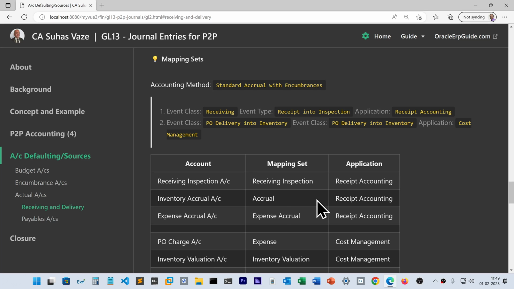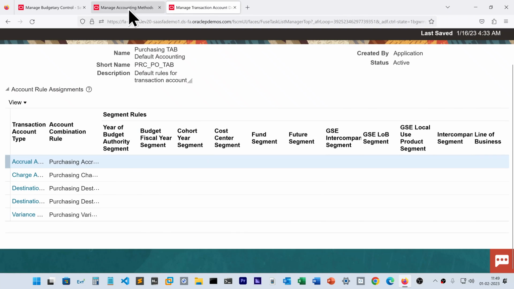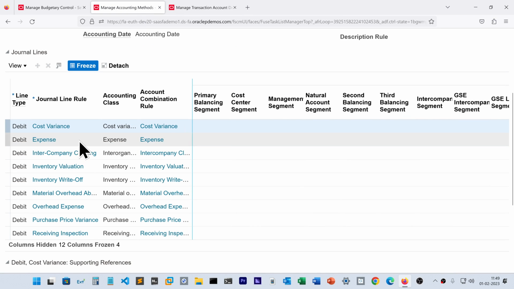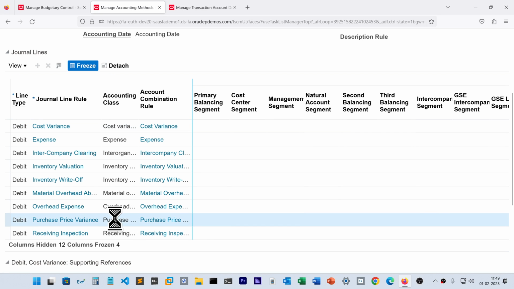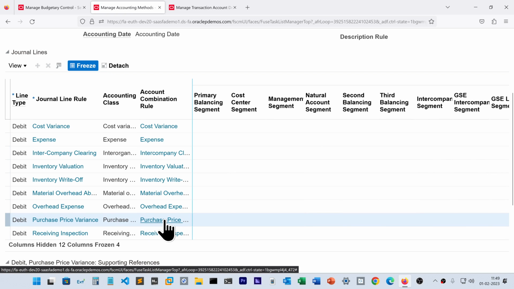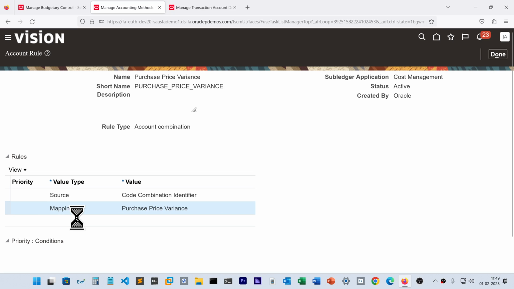If you want to recap, we can just quickly go back here and open one of these accounts. Let us say purchase price variance, and open this one, and you can see a mapping set referred here with the name of the mapping set as purchase price variance.